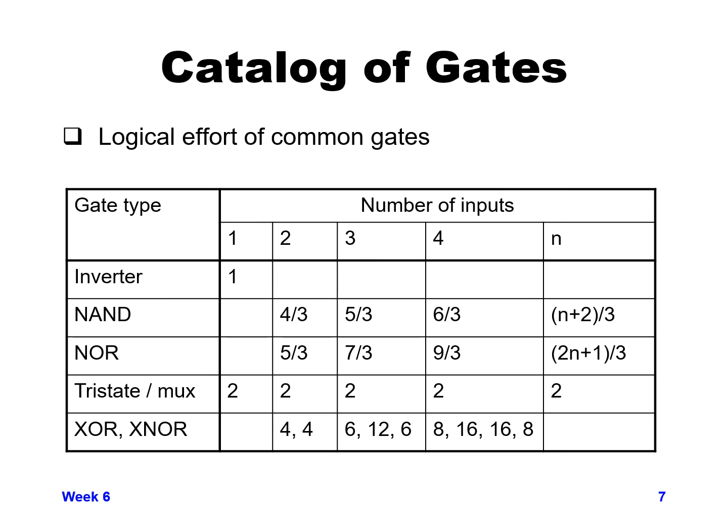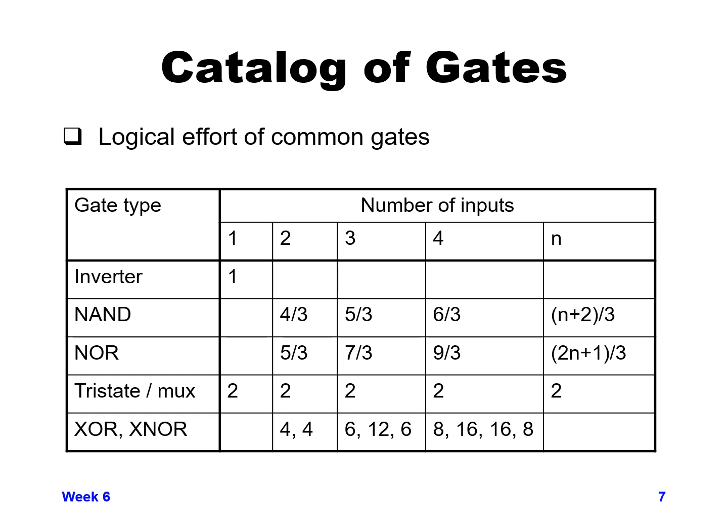So now that we've gone through several examples of calculating logical effort, the table below gives more generalized values for the logical effort of several different common gates that you'll encounter depending on the type of logic: inverter, NAND, NOR, tri-state or MUX structures, and XOR, XNOR structures.